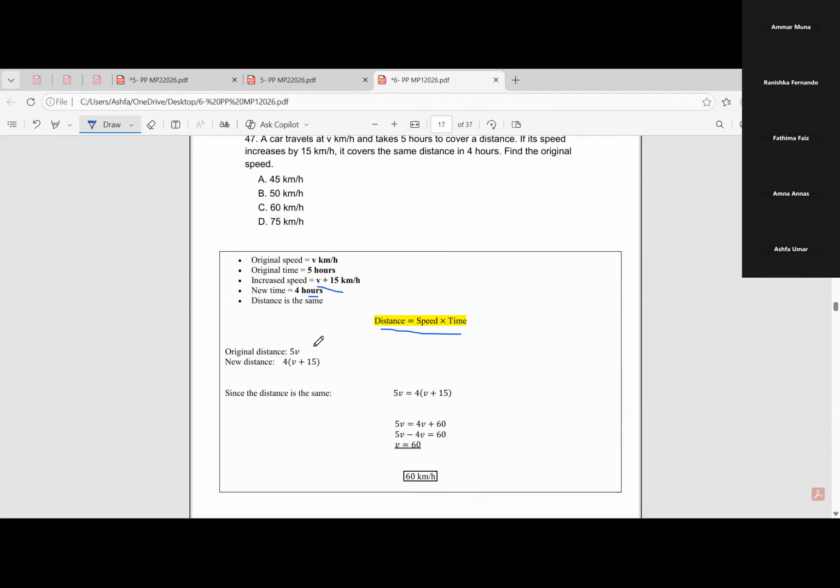You all know speed equals distance over time. So the original distance is 5v, and the new distance becomes 4 times (v plus 15).